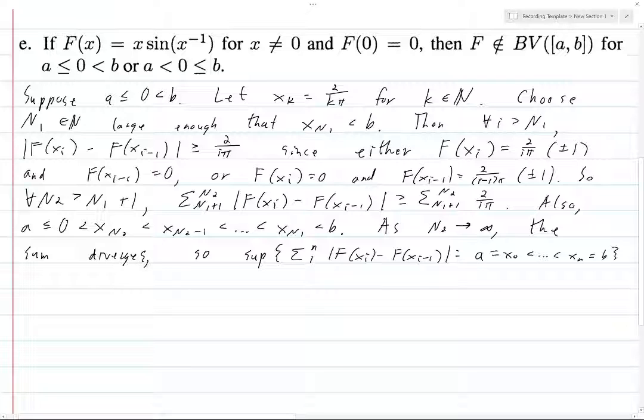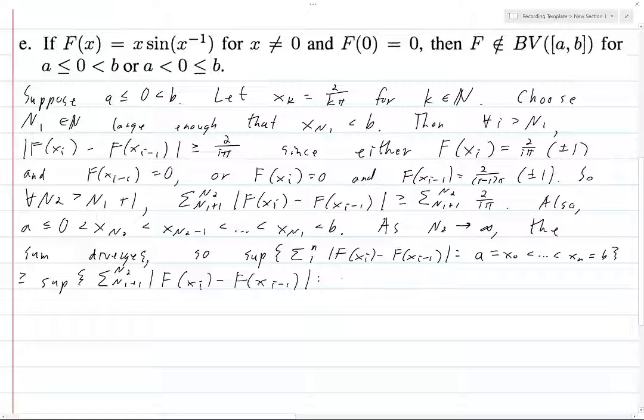This is going to be greater than or equal to a less restrictive supremum, which is just a supremum from, say, n1 through n2 of f(x_j) minus f(x_{j-1}), where here's where we have the less restrictive condition.